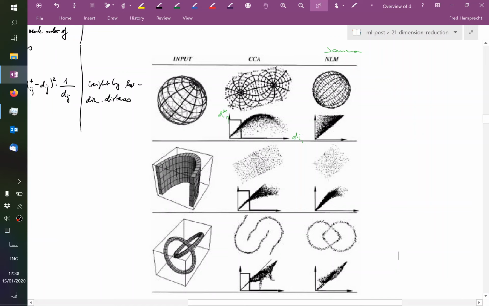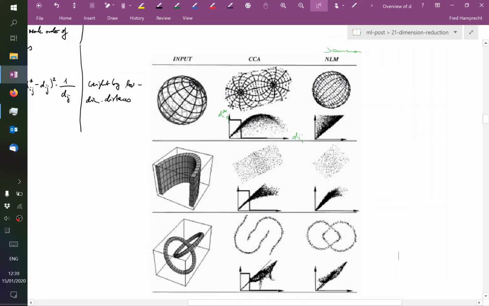So here we go from a nice carving up of planet Earth to an X-ray planet Earth. And here with these rings, he breaks up the rings, but they are always nicely separated. Here the rings, in the Sammon case, they stay intact, but they intersect where in reality they do not. I guess in the case of the rings, you could argue which one you prefer.